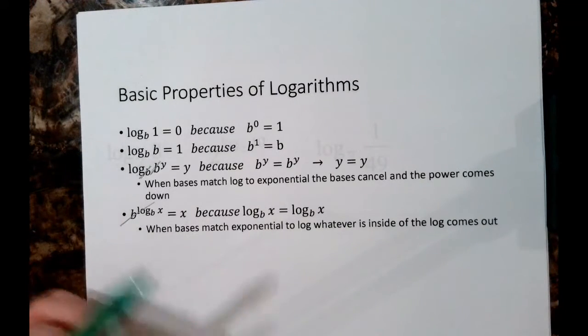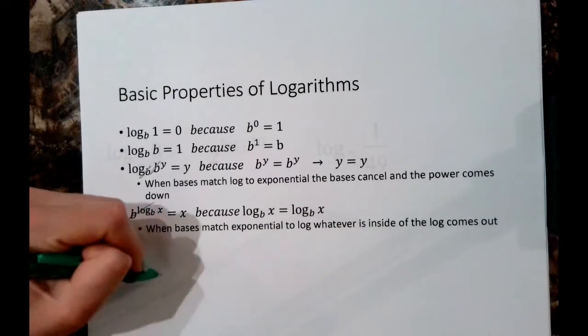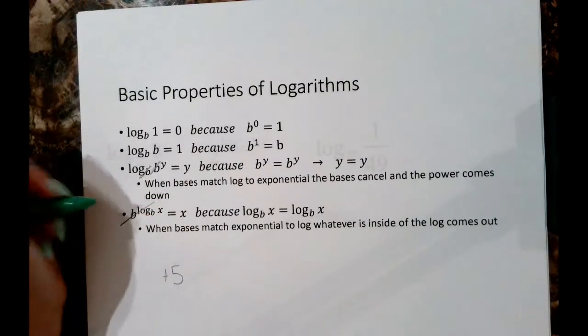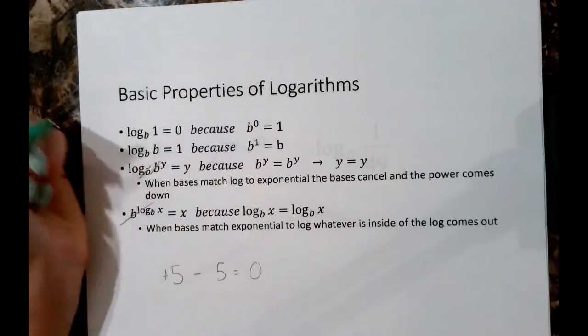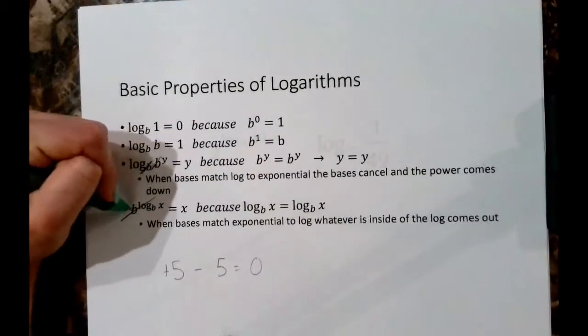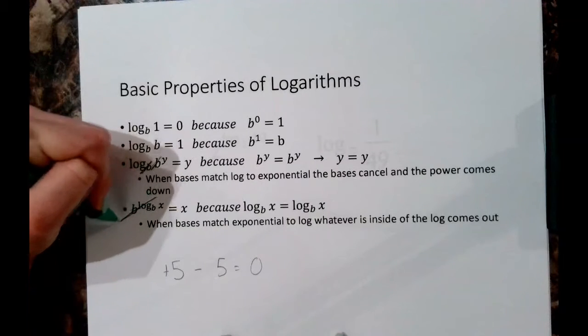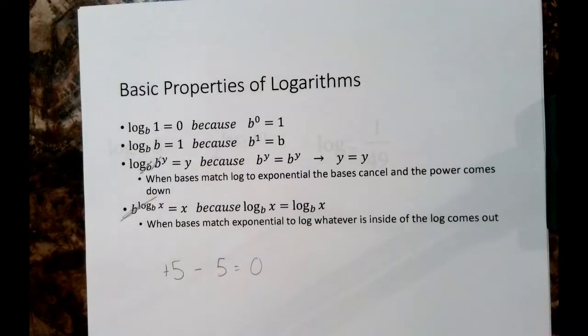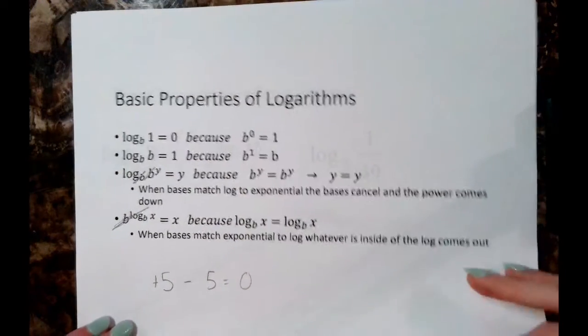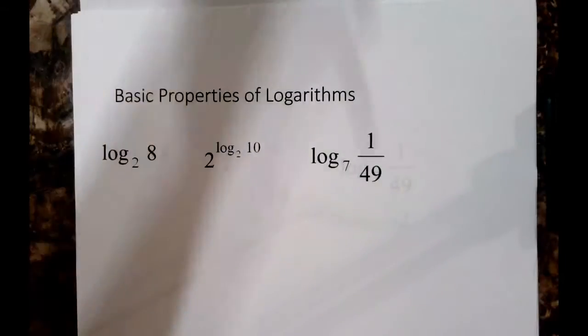When we're adding and subtracting, if I have positive 5, the only way to completely cancel it out is to take negative 5, and that brings us back to 0. Here, because they're the same base, they completely cancel out, and we're just left with whatever is left over. Alright, let's try a couple.